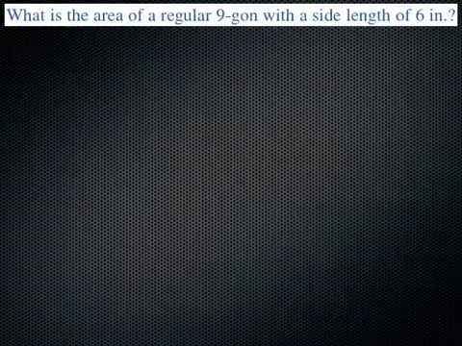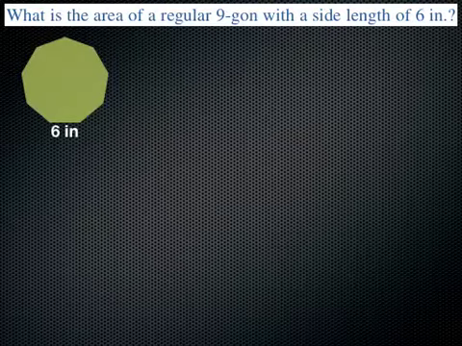The next example says, what is the area of a regular 9-gon with a side length of 6 inches? Go ahead and draw yourself a picture. You're given one side length. Remember, when you're only given one side length, you're going to need to use your trigonometric ratios to find the missing side lengths.